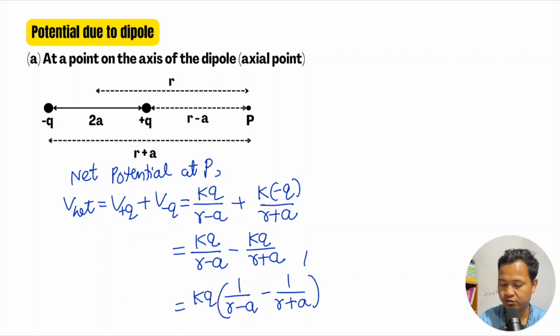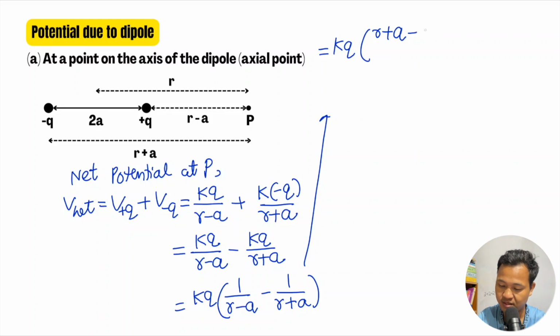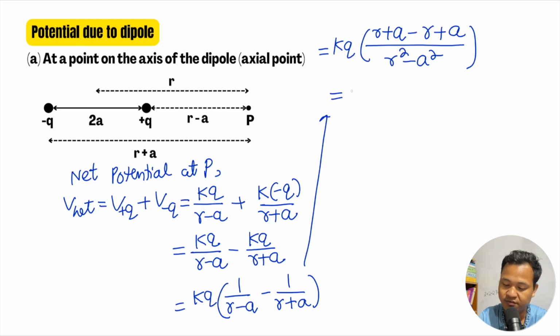Solving, you have r plus a minus r plus a, divided by r square minus a square, since a minus b into a plus b is a square minus b square. So r and r cancel, and you have 2a divided by r square minus a square.